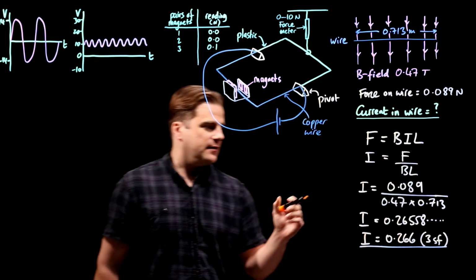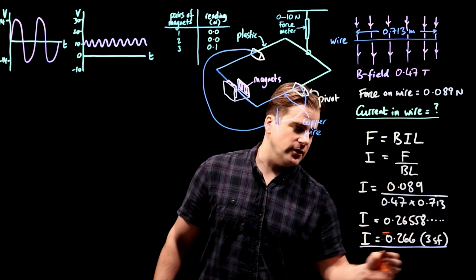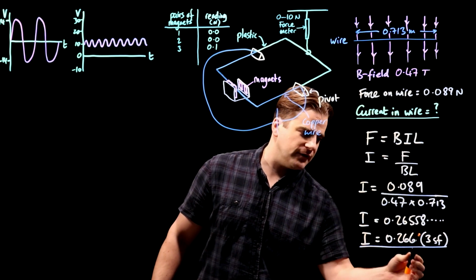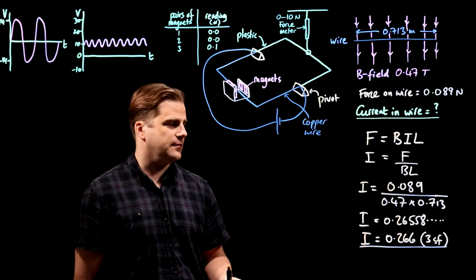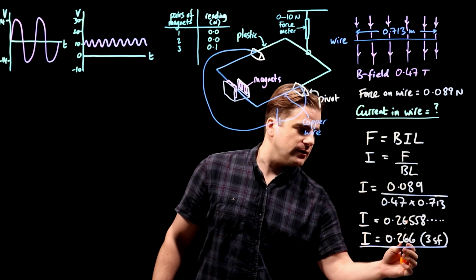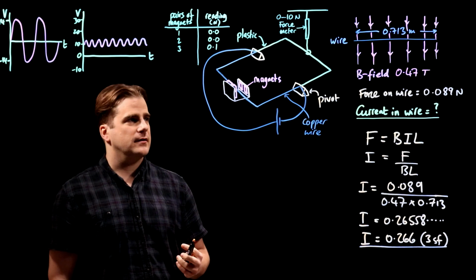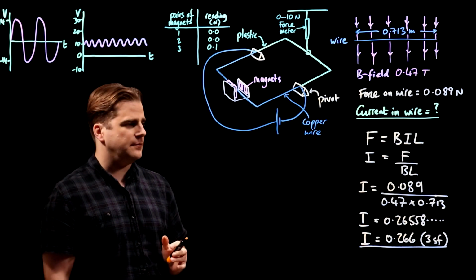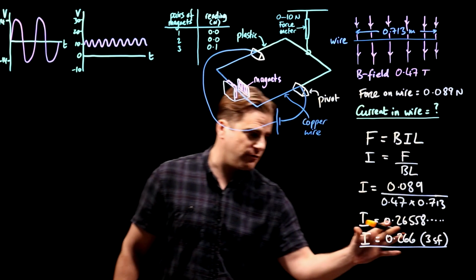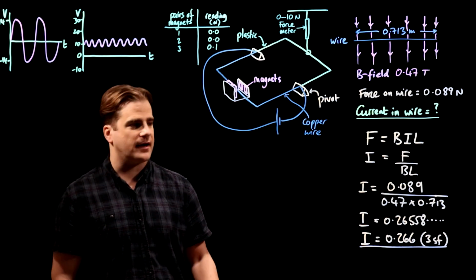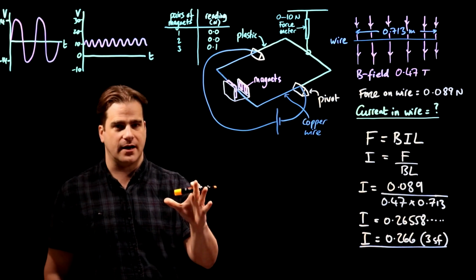Secondly, they say you should get 1 mark for giving this to 2 significant figures, which would be 0.27, okay? As far as I can tell from the mark scheme, they wouldn't give you a mark if you gave it to 3 significant figures, which I think is correct. So Edexcel, sort this out, okay?